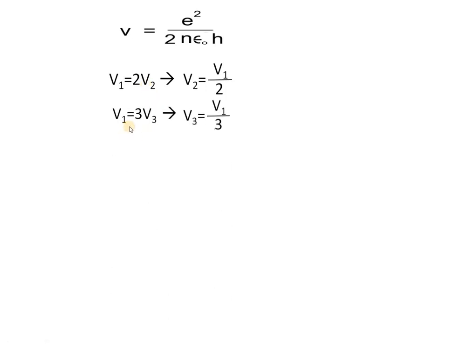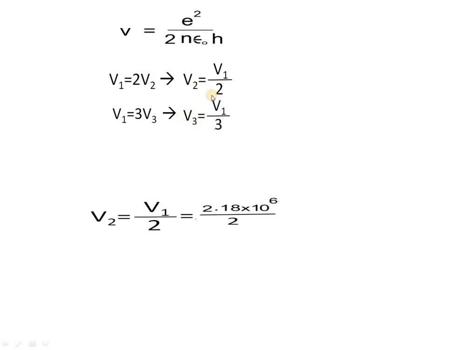Similarly, orbital speed of the electron in the first orbit is 3 times the orbital speed of the electron in the third orbit. So if we use this formula, easily we can calculate V2 and V3. V2 is nothing but orbital speed of the electron in the second level. V3 is nothing but orbital speed of the electron in the third level, that is n is equal to 3.